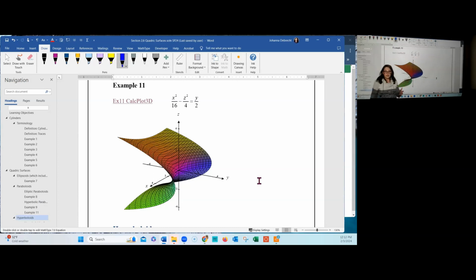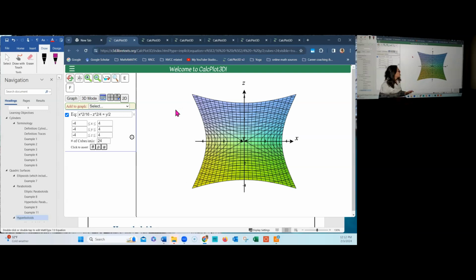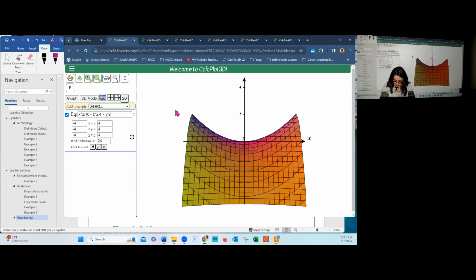And so again, if we look at this one out here on CalcPlot3D, when we eliminate the y variable on this one, it's hard to see the hyperbolas, but basically, if you can visualize these lines here and here are forming hyperbolas coming out from the center. And if we get rid of the other two, I get rid of the x or I get rid of the z, you can see the parabolas coming through.